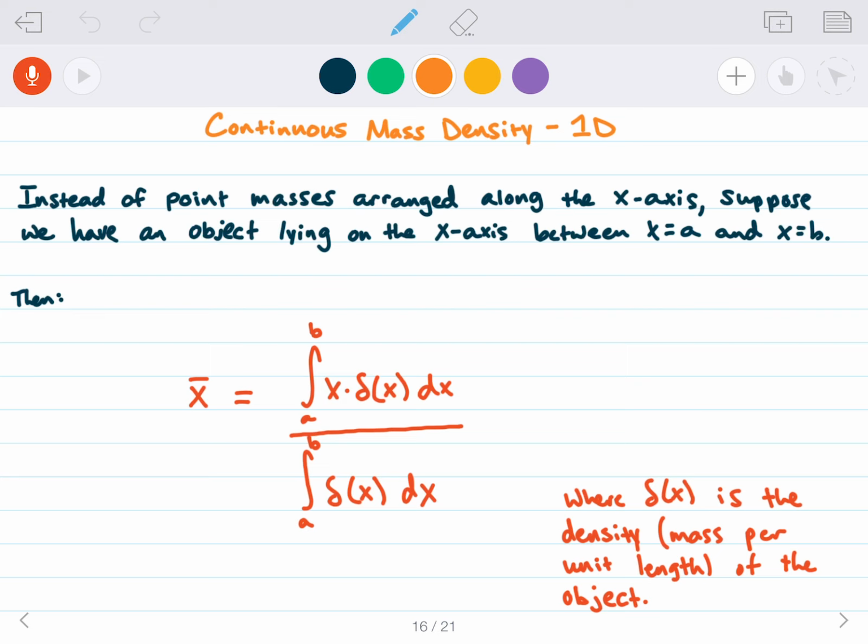Okay, so where are these values coming from, right? So here, the density is mass per unit length. Okay, so we are working in a one-dimensional case here. So remember, the center of mass was the sum of the moments divided by the sum of the masses.